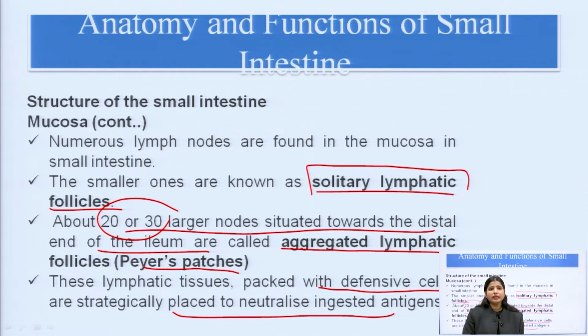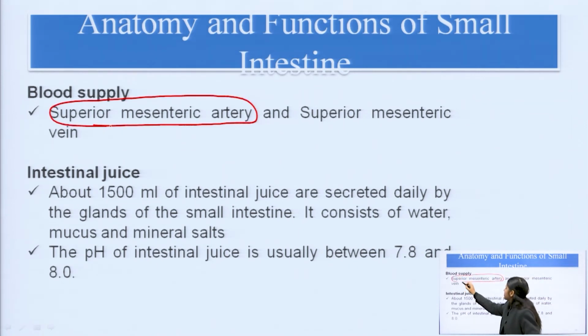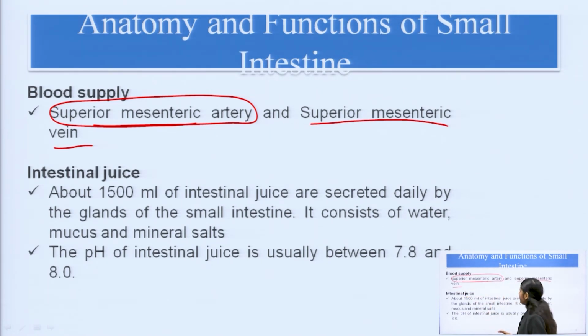Small is the solitary lymphatic follicles, and large is the aggregated lymphatic follicles, also known as Peyer's patches. Now coming to the blood supply. The superior mesenteric artery supplies the small intestine area, and the superior mesenteric vein is the venous supply, the vein in the small intestine area.